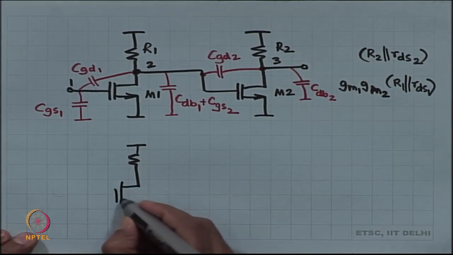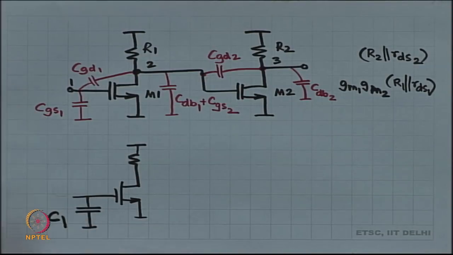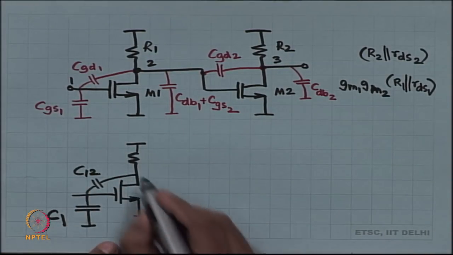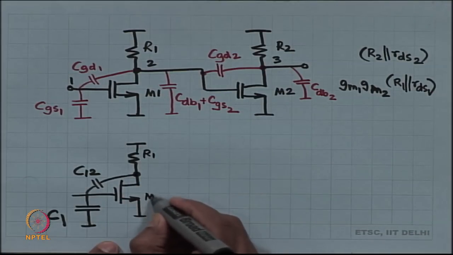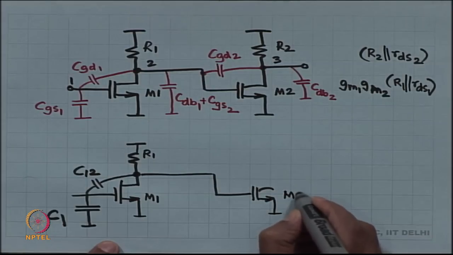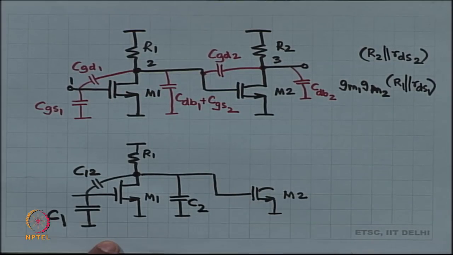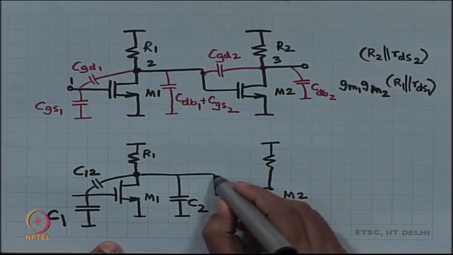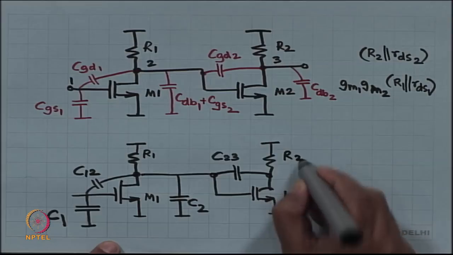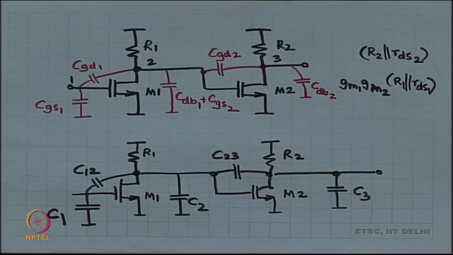and you know what these capacitors are, just that I am going to call CGS1 as C1 and I am going to call CGD1 as C12, and I am going to call CDB1 plus CGS2 as C2, and then instead of CGD2 I am going to call it C23, and lastly I am going to have C3 instead of CDB2.